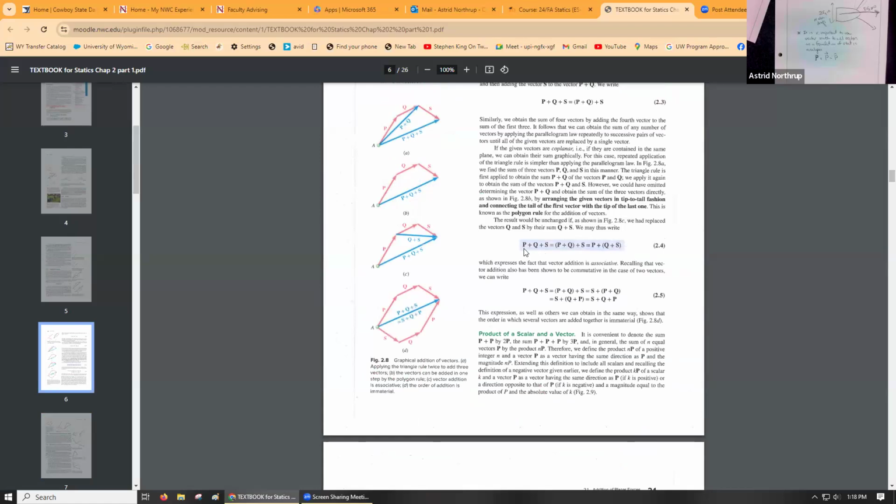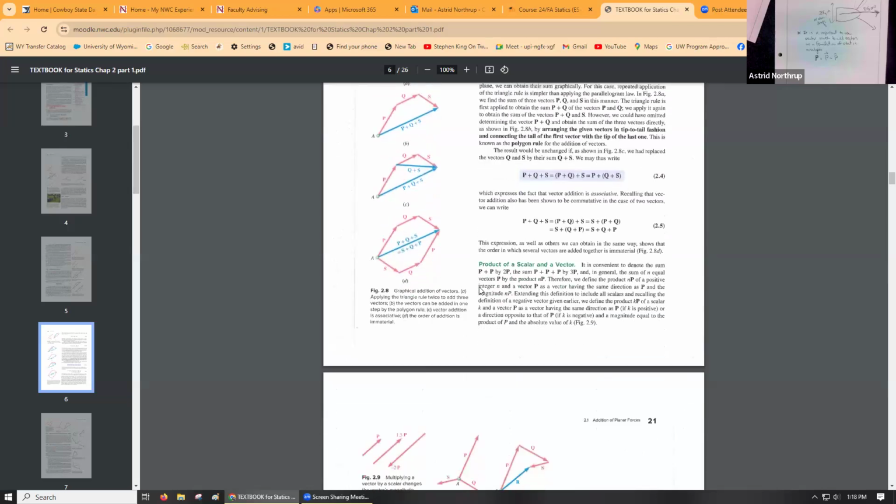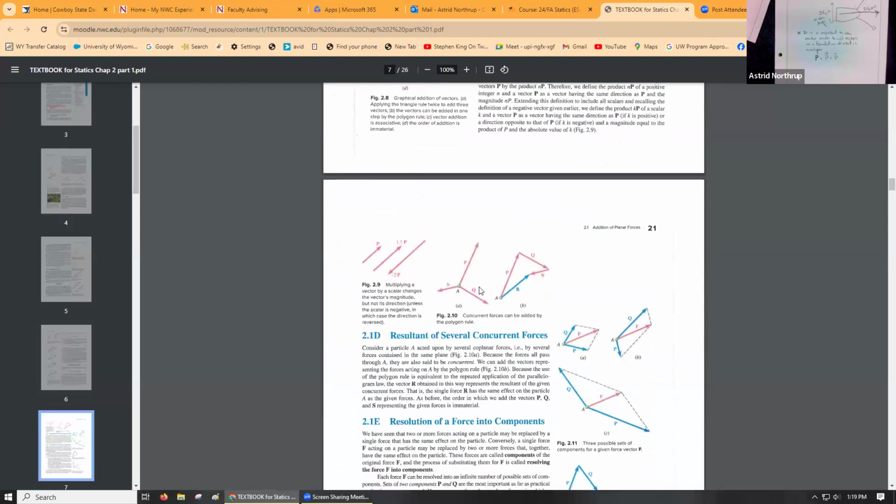So if you have three vectors, P plus Q plus S, you can group together P and Q and add them together first and then add S. Or you group, for example, Q and S together and add P. That would be the associative property. So vectors also follow the associative property of addition.